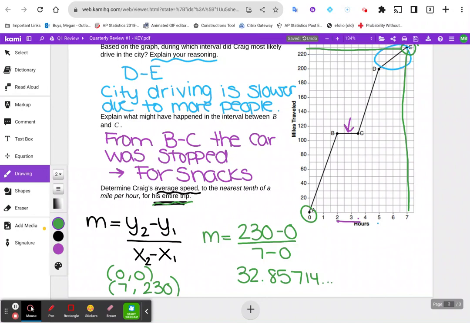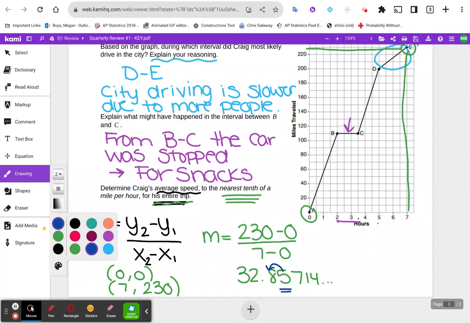It did say to round to the nearest tenth. So when you round to the nearest tenth, remember that is the decimal place that, if you think about having 10 cents, is 2 decimal places, but you use that second one here to help you round up. Think about how many zeros are in 10.